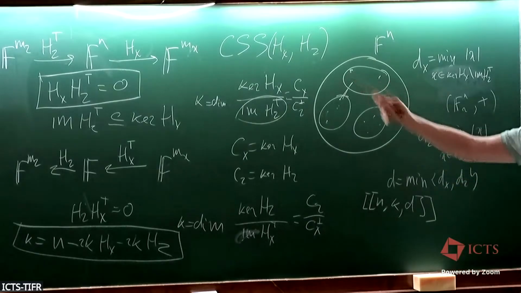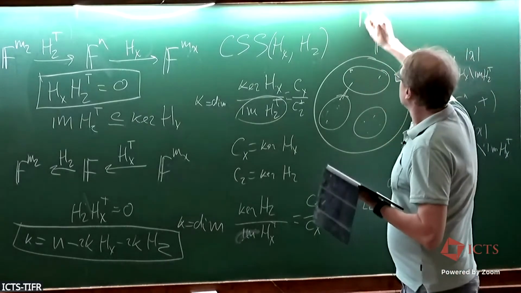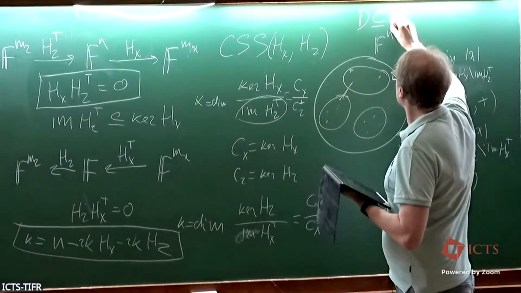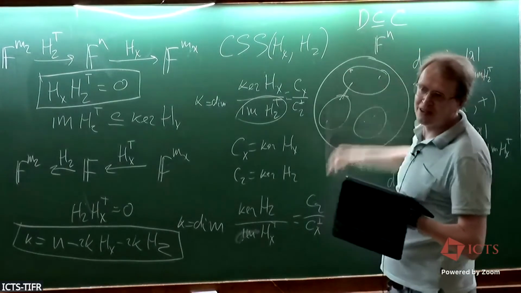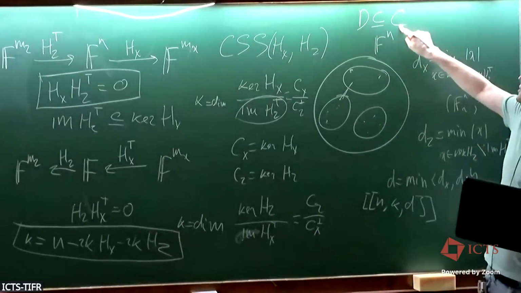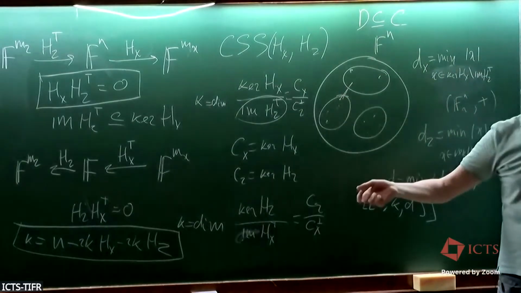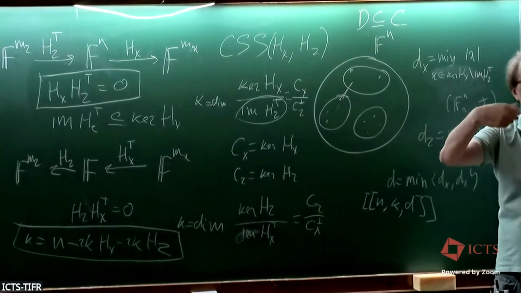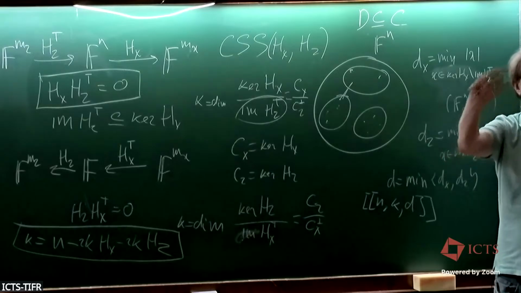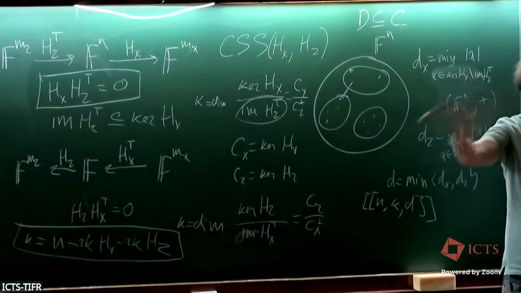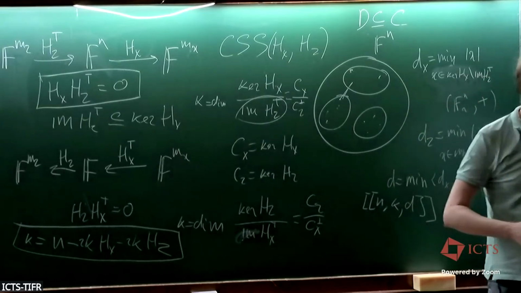Another way to define a CSS code is that you just need two codes, a code and its subcode. You can choose C randomly and choose its subcode randomly. And you can prove that this, in fact, gives you a code with good parameters.